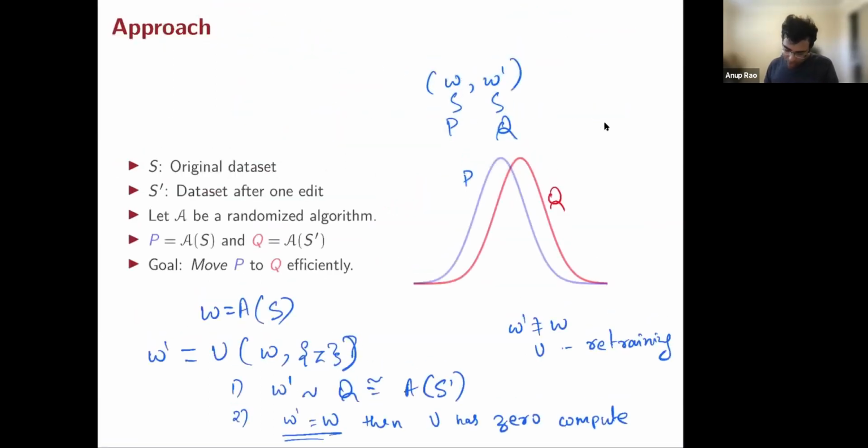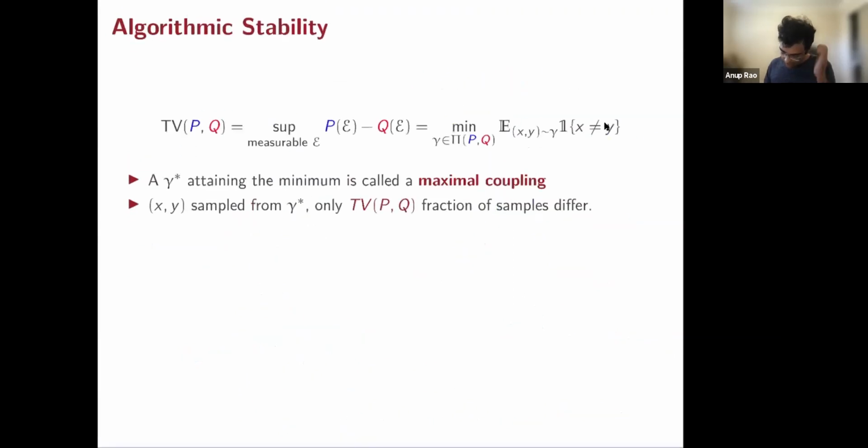We want P and Q to be close for this computation to happen efficiently. And the closeness we define is in terms of total variation distance.